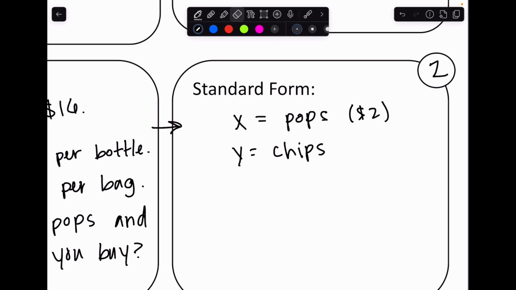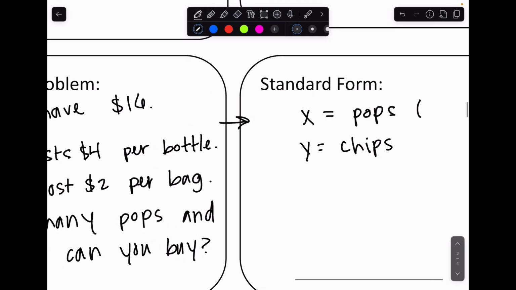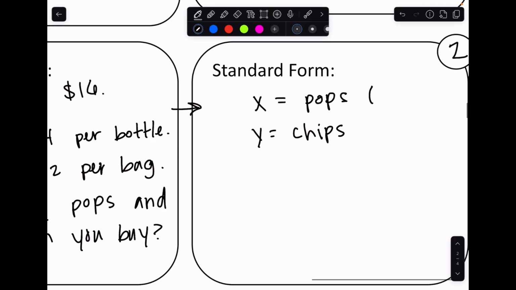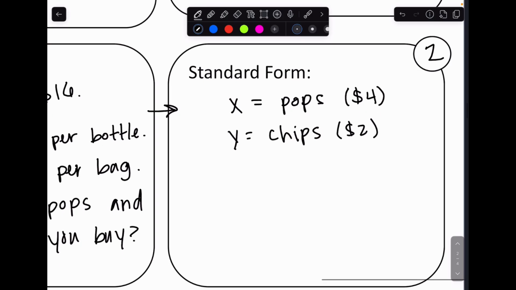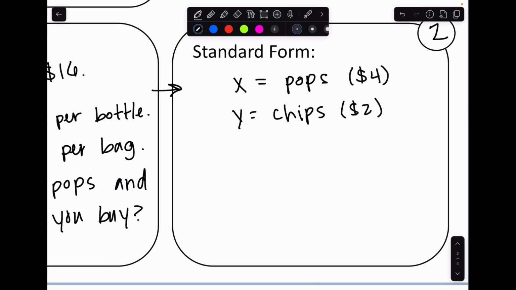And you know what? I messed up. If we go back to our word problem, our pops cost $4. And our chips cost $2 each. Okay? So, we know that however many pops we buy, it's going to be $4 per pop.